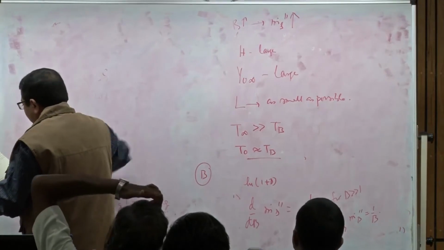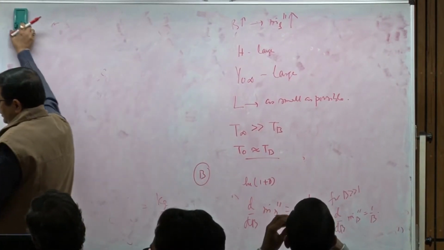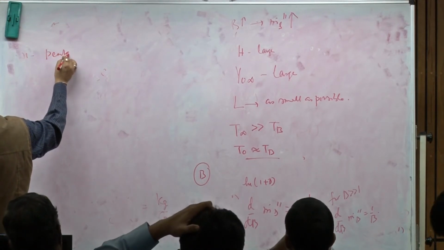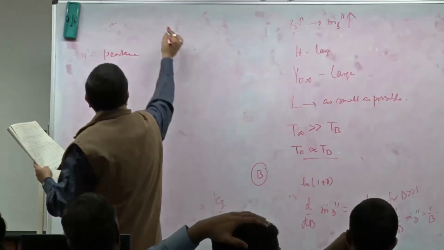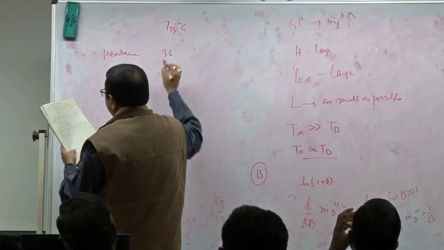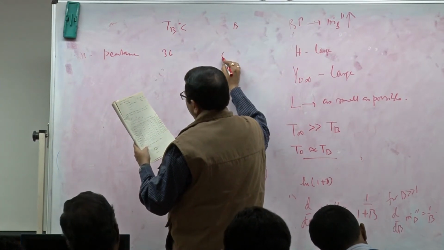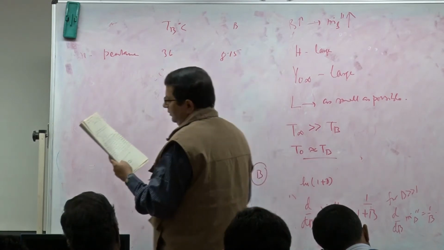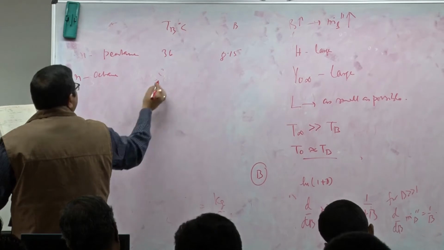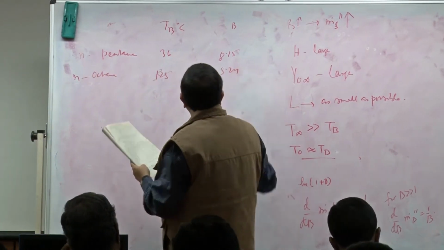For different fuels I will give the value of B. So, if you have N pentane, the boiling temperature is about 36 degrees Celsius. The value of B is 8.15. We go to N octane, it is 125, but the B is 5.24.